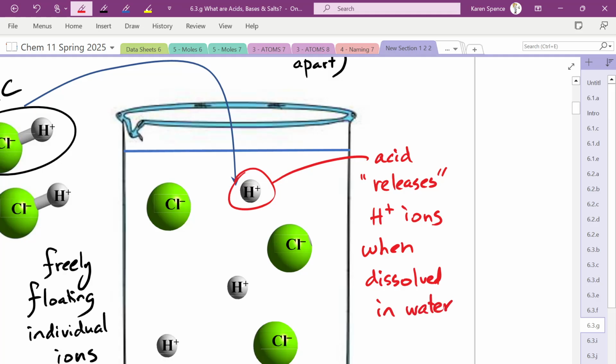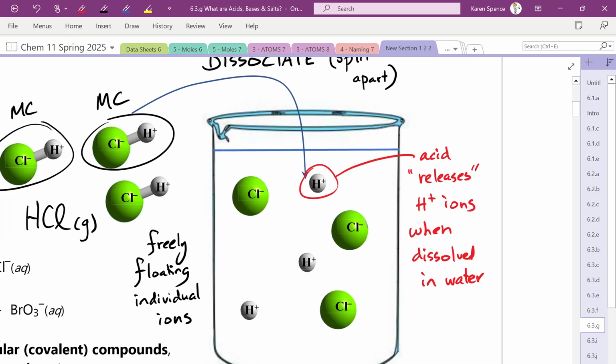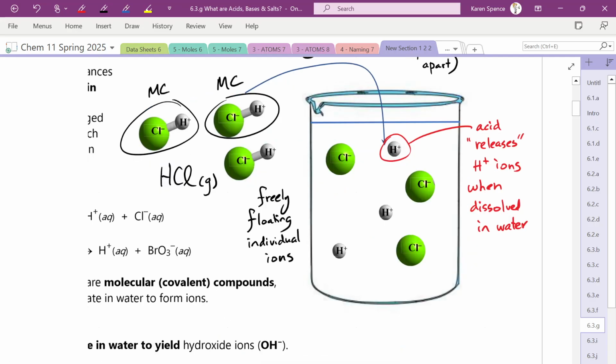And it is those H+ ions that interact with your taste buds. They zip into the little taste bud and they go, ooh, sour. And sometimes if you pour an acid onto a metal, it'll actually start to eat through that metal. It is the hydrogen ion that is causing it. That's actually a single replacement reaction where that hydrogen ion is replacing the metal in that reaction.